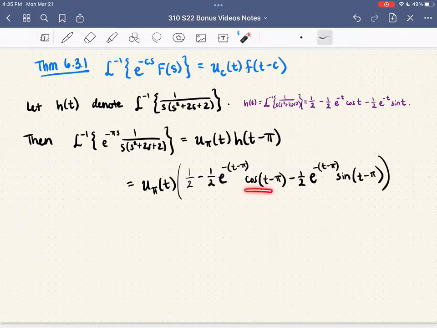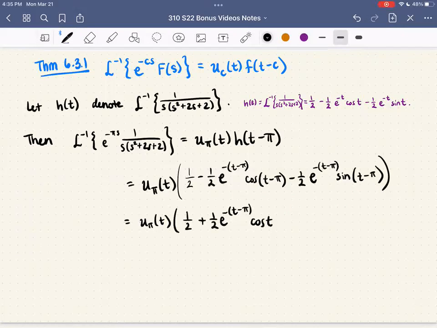Okay, and it turns out that cosine of t minus pi is equal to negative cosine of t, and sine of t minus pi is equal to negative sine of t. So really I can write this as u sub pi of t times a half plus a half e to the negative t minus pi times just cosine of t plus a half e to the negative t minus pi sine of t.